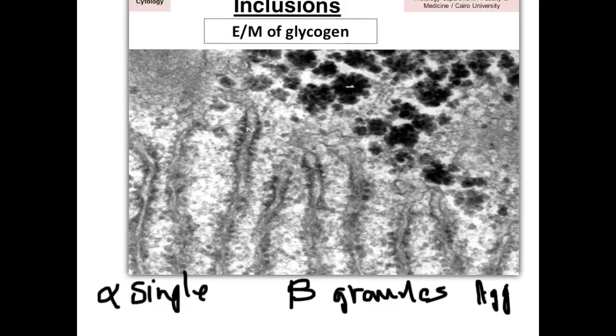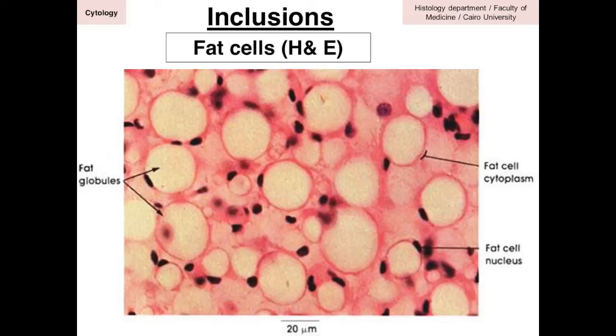If you are asked what is the organelle that is responsible for the utilization of glucose originating from this glycogen breakdown in the liver cell, the answer will be smooth endoplasmic reticulum. This is a light microscope picture for another example of stored food inside the cell.